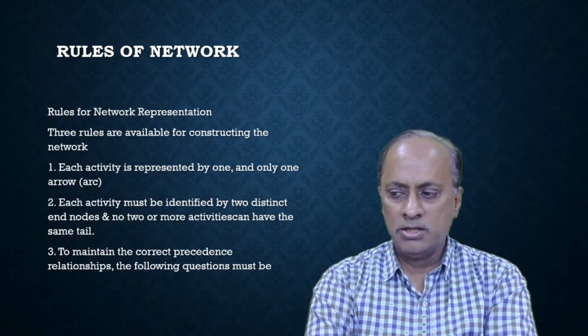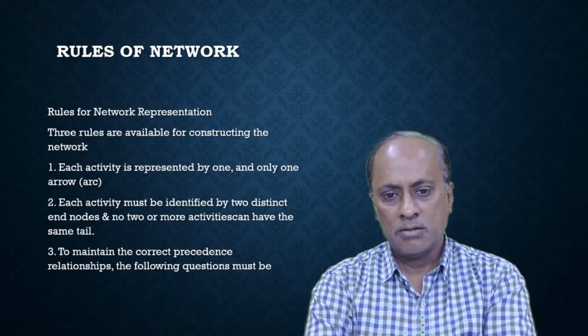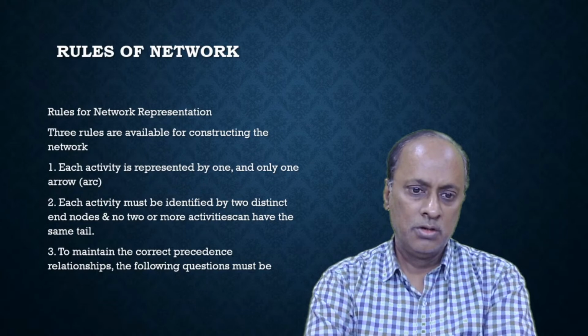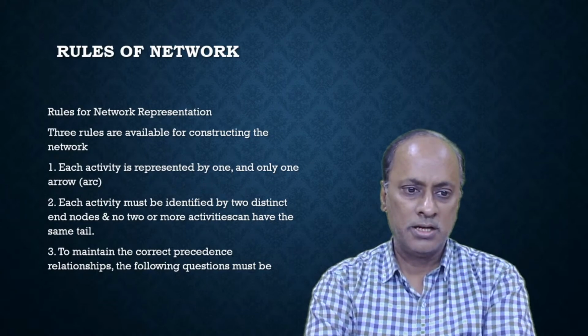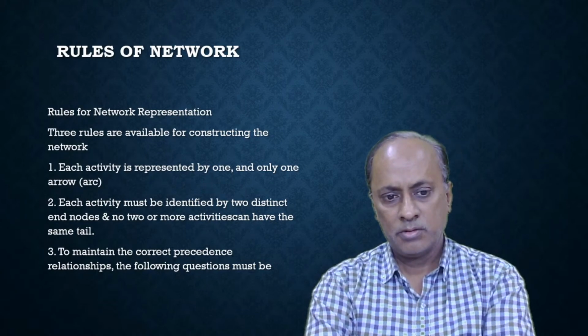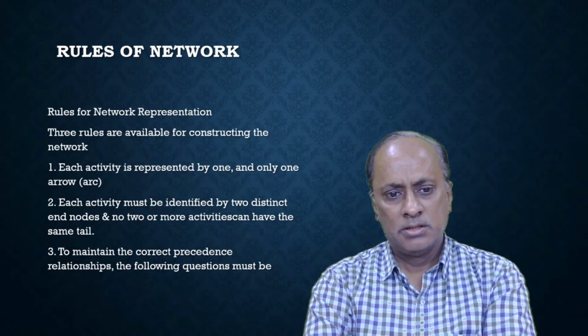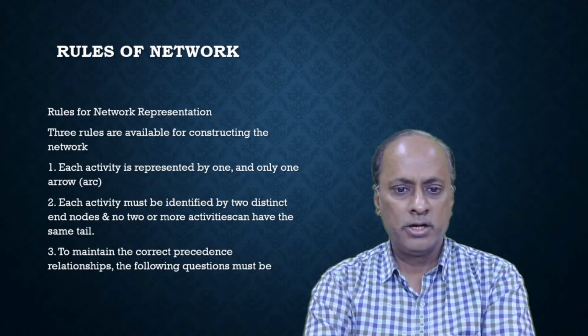That means one is the starting node and one is the completion node. One is the starting circle, another is the completion circle. No two or more activities can have the same tail.